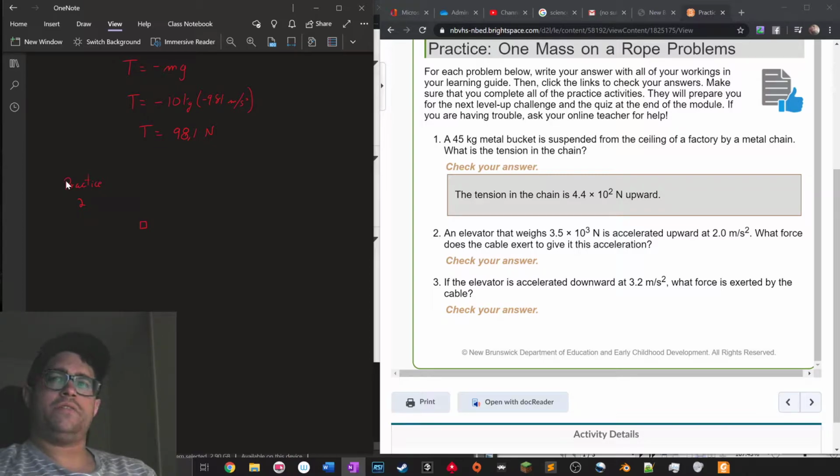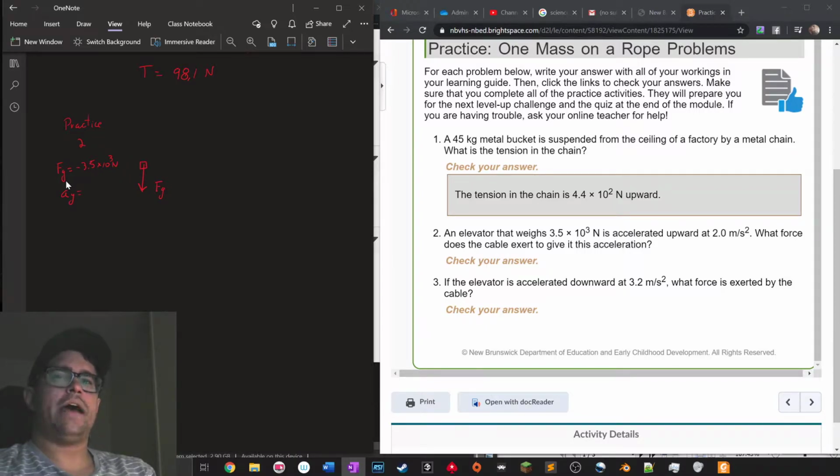And it weighs Fg. And I write my values here. So Fg is minus 3.5 times 10 to the 3 Newton. Is accelerated upwards.